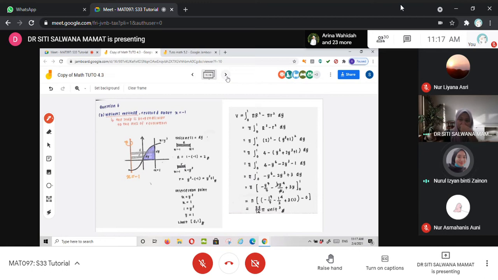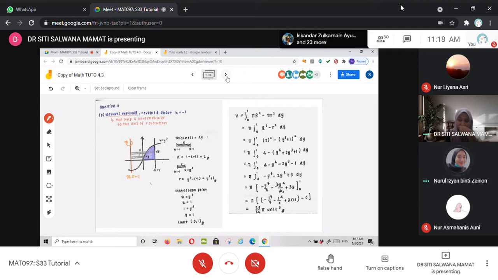So substitute the value and then expand the equation and then integrate the equation, -y power of 6 minus 2y power of 3 plus 3 dy. So it will be pi times -y to the power of 7 over 7 minus 2y to the power of 4 over 4 plus 3y.